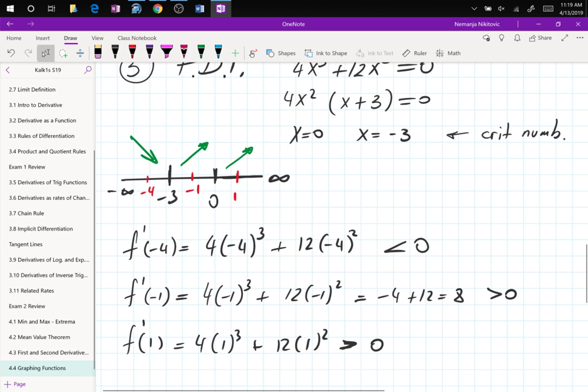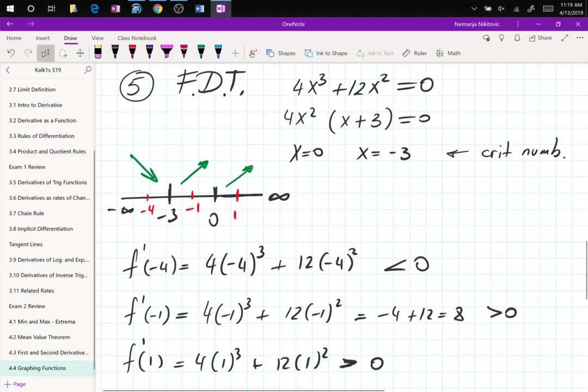Now, plug -4 in the derivative. 4 times -4 plus 12 times -4. This is positive, and this is going to be a negative, but it's a bigger negative because it has 4 4s, and this has 2 4s and a 3. So it wins, and it's that. Good.